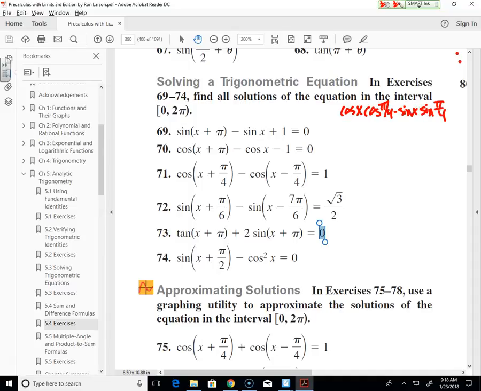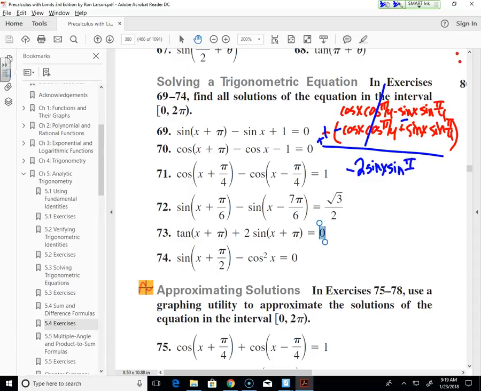And then when I plug into this guy, I'm going to get plus sine. Now the ironic thing is, don't these terms look super similar? That's on purpose. All I need to do is very carefully distribute my signs, and then say, hey, look at these two guys. If I'm adding, what's going to happen? They're going to combine, negative 1 minus 1. And I can set equal to the other side, which is 1.